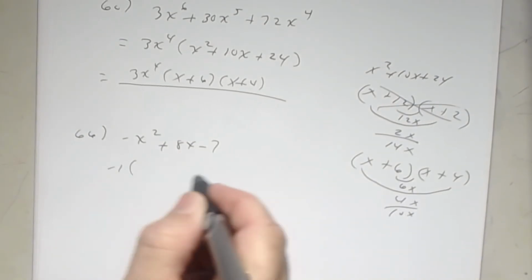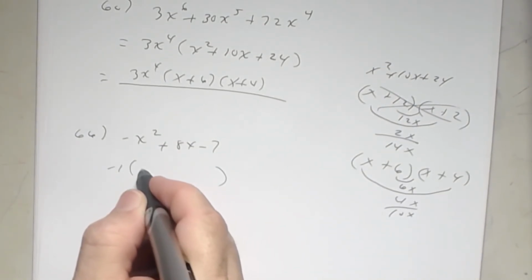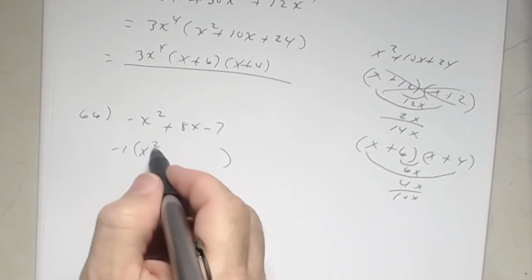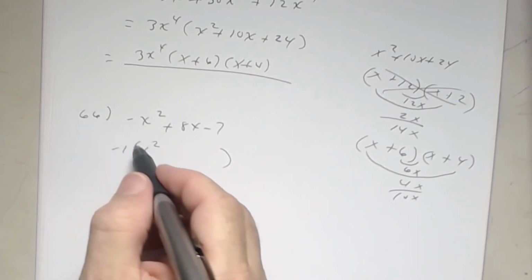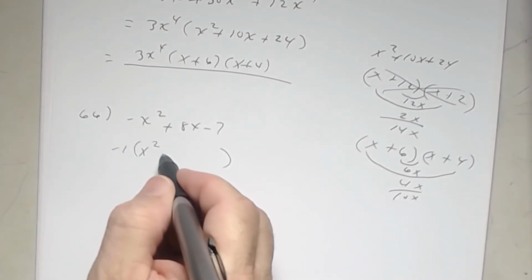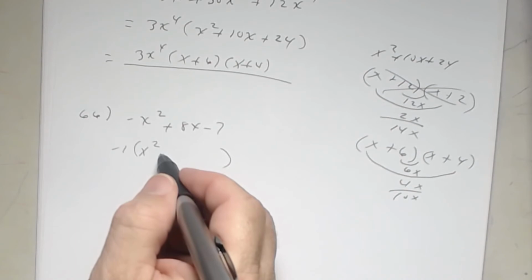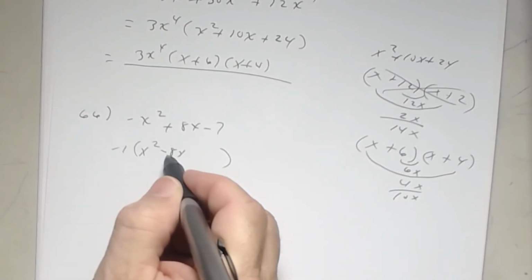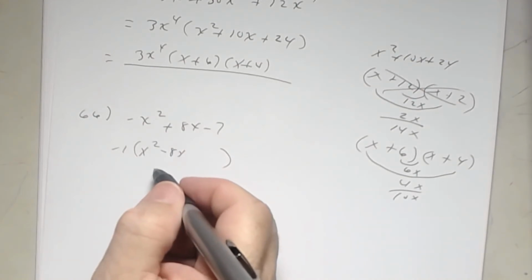So you can say negative 1 times what? x squared, because a negative 1 times x squared is a negative x squared. What's the next one, though? Negative 8x, because a negative times a negative is a positive.